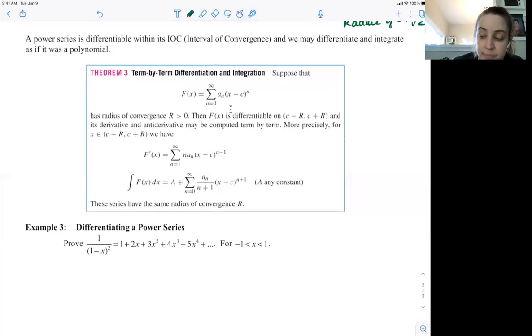More precisely, for x on that interval, we have the derivative of the series. You move the exponent to the front and subtract 1, or to integrate, just like we did before, you add 1 to the exponent and divide, where a can be any constant. That's really your plus c. The series have the same radius of convergence, r.